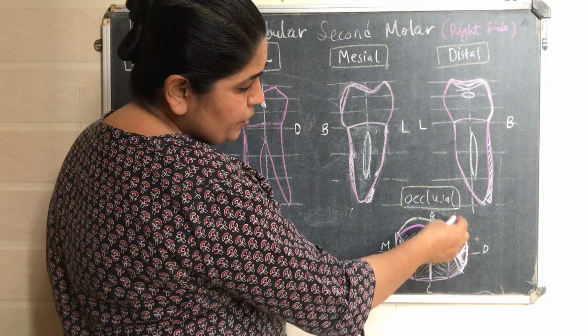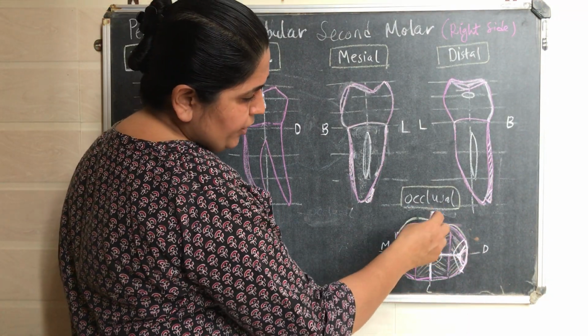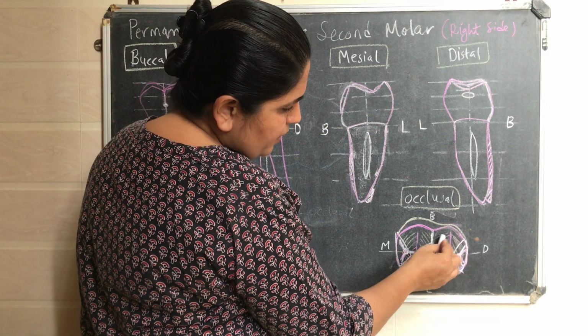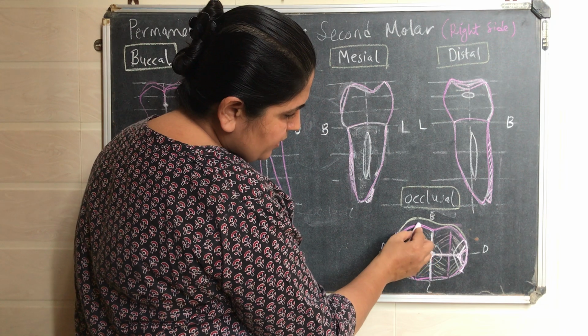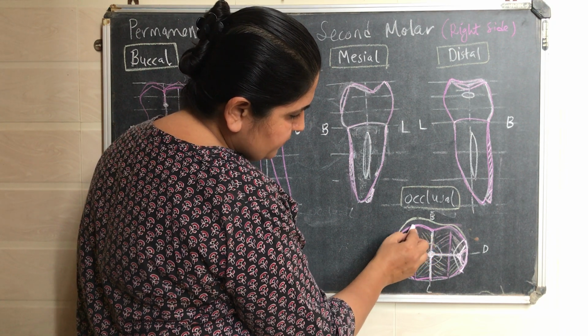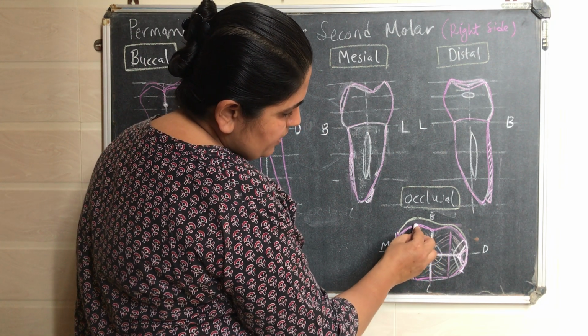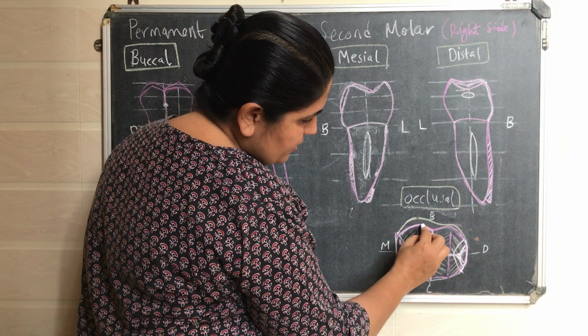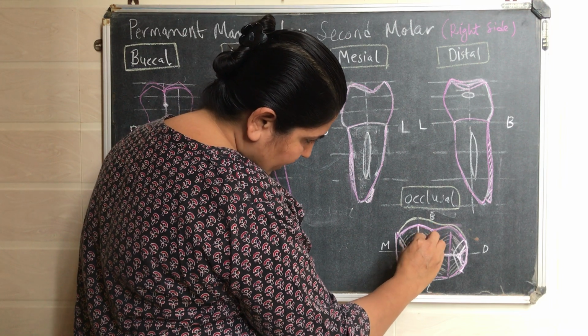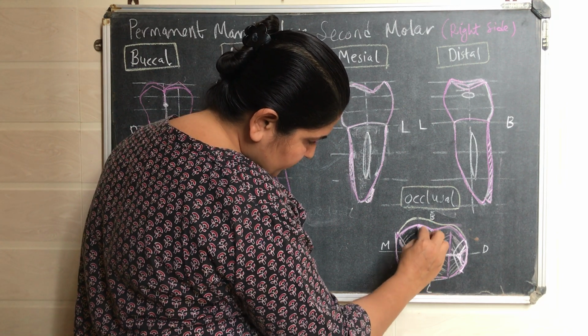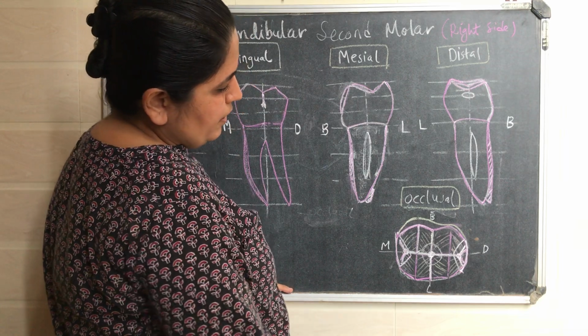Now the anatomy of the cusp. All of you know the anatomy of the cusp. This is the mesiobuccal cusp, and these are the cuspal ridges. This is the mesial cusp ridge. This is the distal cusp ridge of the mesiobuccal cusp, and this is the triangular ridge of the mesiobuccal cusp.